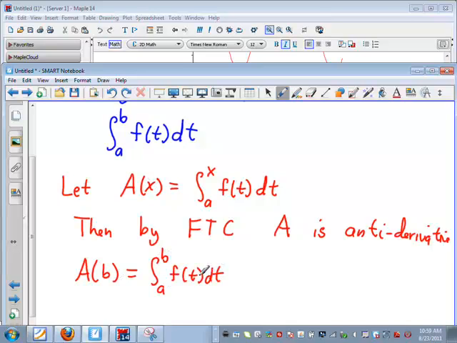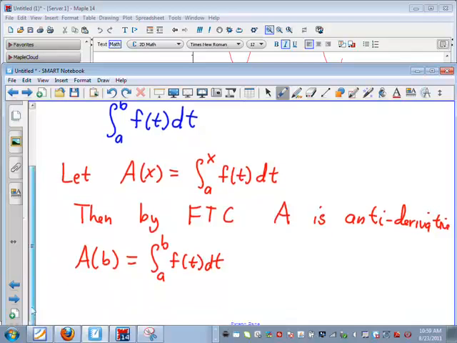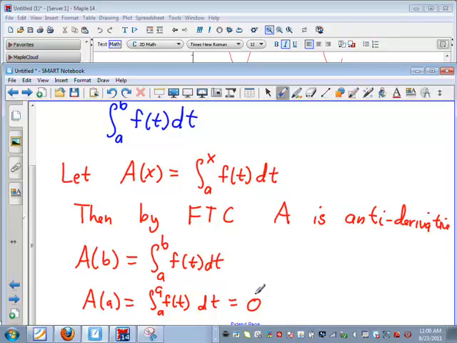Tell me what A of a is. Very good. It's the integral from a to a of f of t dt, and we've already said by definition that that's nothing. So automatically, capital A and the question we need to answer are related, because if you put in B, you get the thing that we need.